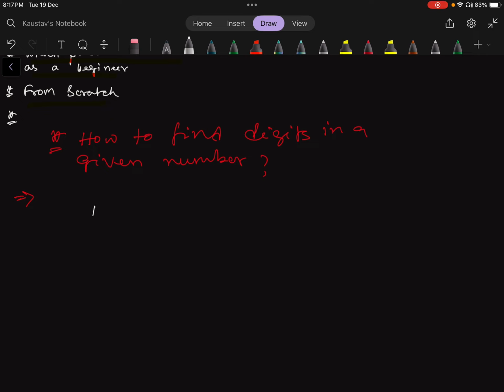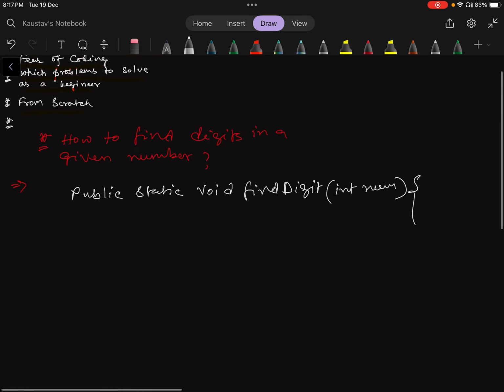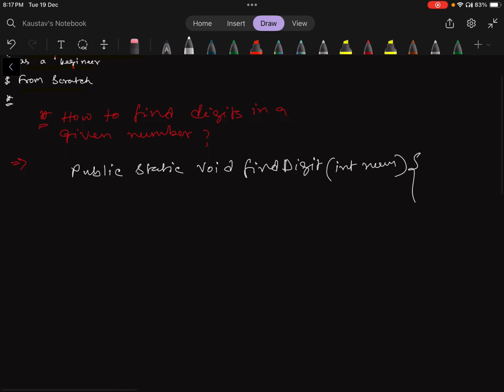In Java, this is the function which takes a number as an input, as a parameter.